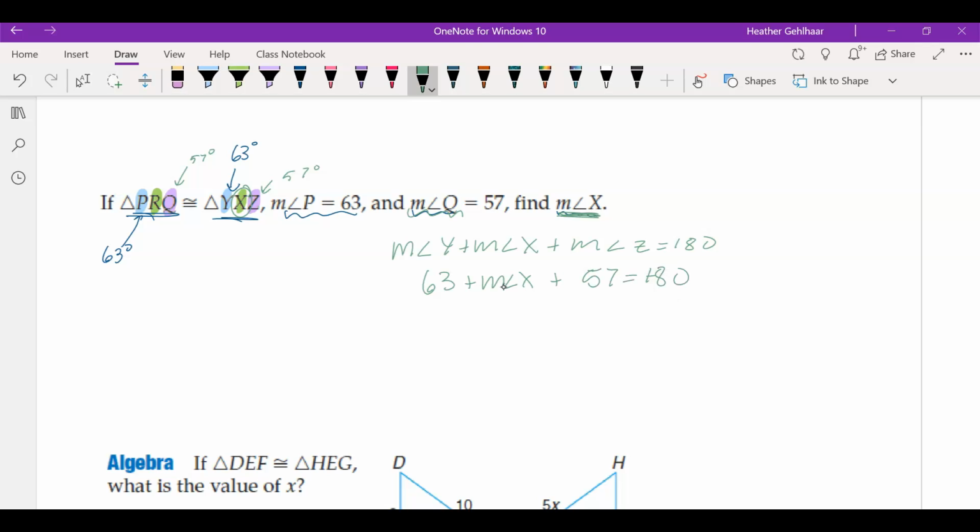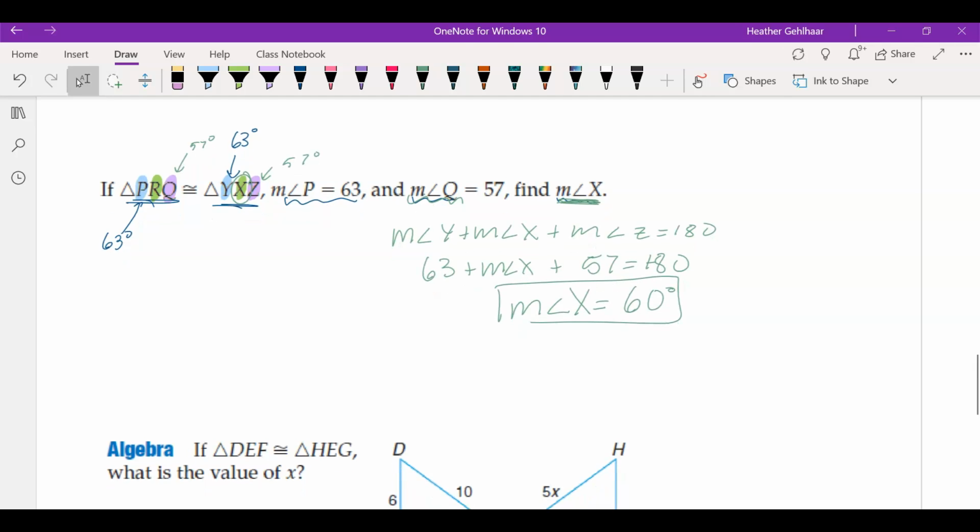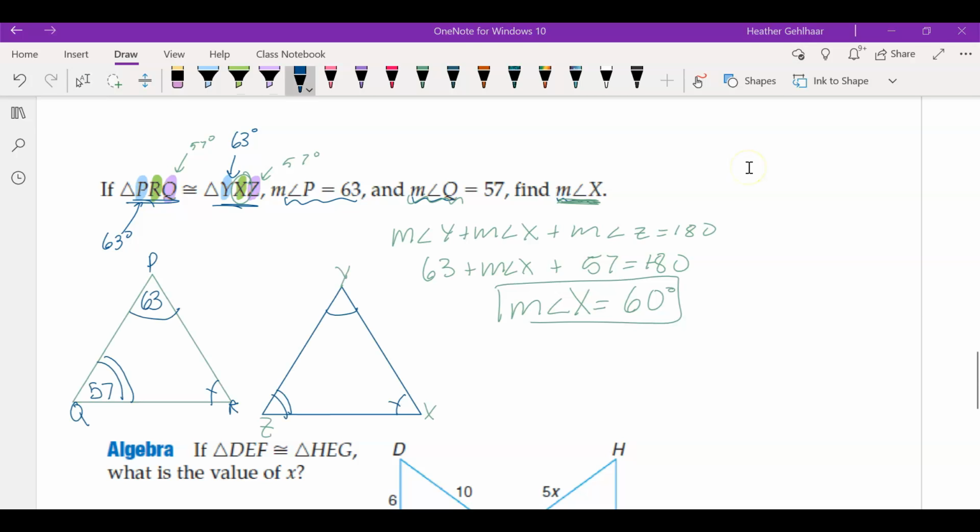Equals 180. When we go ahead and subtract, the measure of angle X equals 60 degrees. When in doubt, you can also draw a triangle. You're more than welcome to draw a triangle, and this is what it would look like.